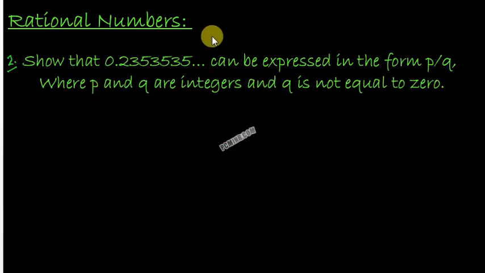And now we would have a look at another very important question based on rational numbers. It says: show that 0.23535 and so on up to infinity can be expressed in the form P upon Q, where P and Q are integers.